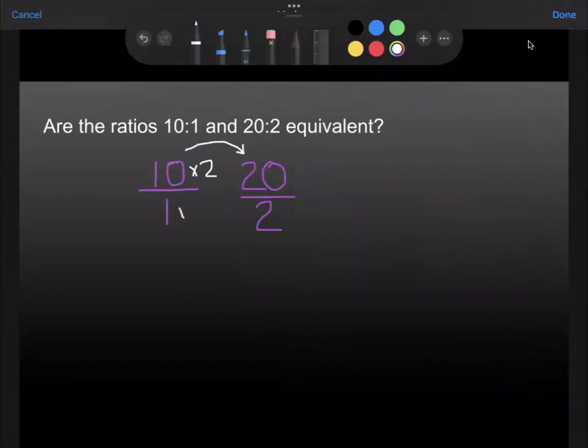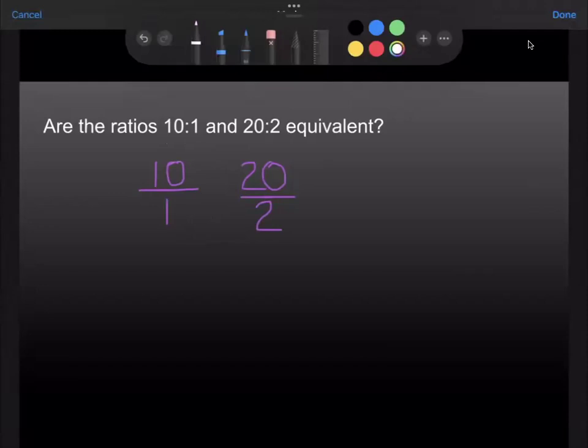So if I can do the same thing to the bottom and end up with this number here, if that's a true statement, then these two ratios are equivalent. Since when I multiply the top of the first one times 2, I get 20, and on the bottom, 1 times 2 also gives me 2, that means that these two ratios are equivalent to each other.